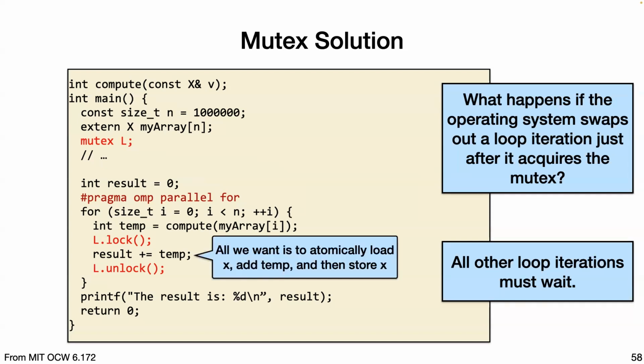So instead, if you just look at what we're doing, all that is happening is that we are loading X, which is result, adding temp, and then storing it back. So how can we use CAS to implement this?